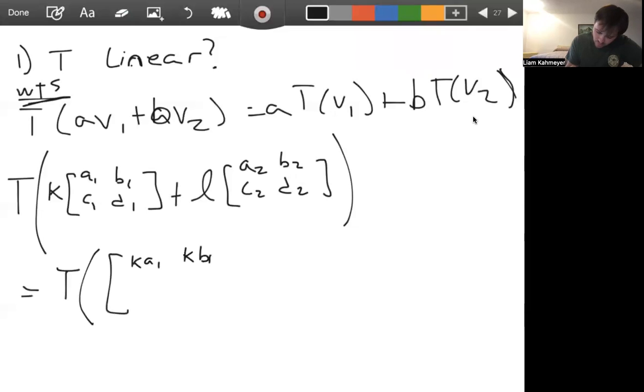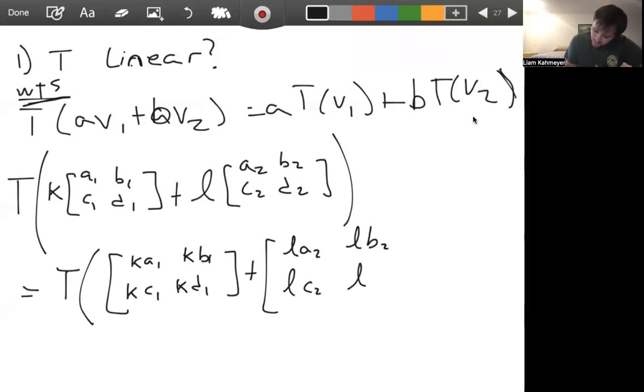T of KA1, KB1, KC1, KD1 plus LA2, LB2, LC2, LD2. We're scaling the matrices in the domain before we map them to the image.